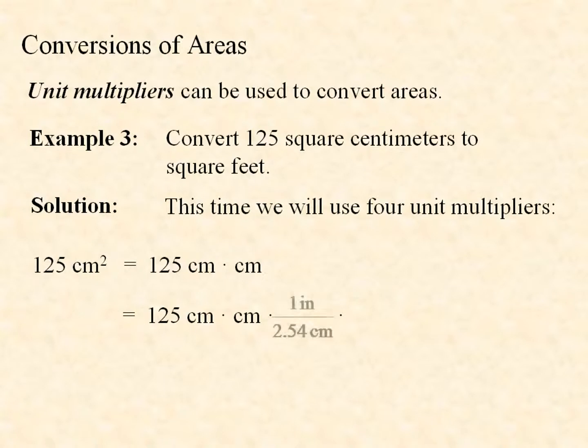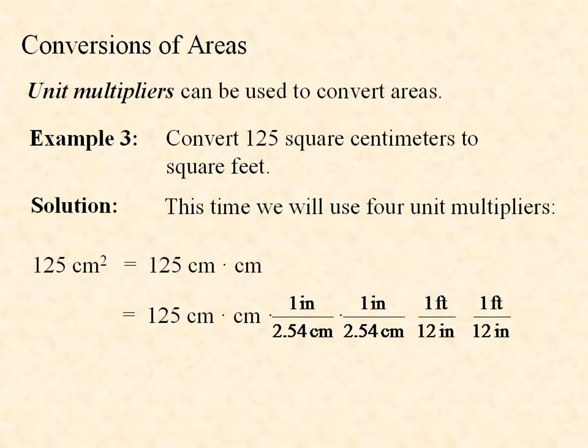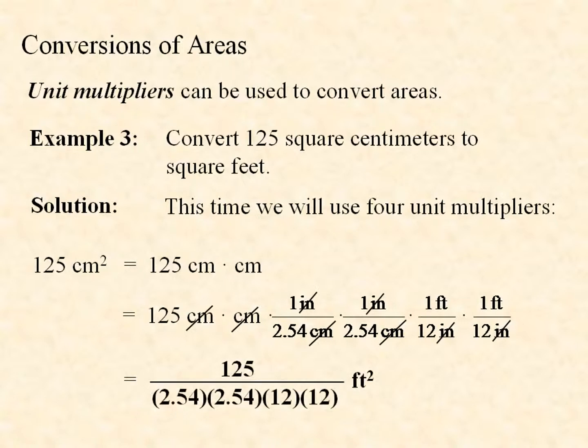We can multiply that by 1 inch over 2.54 centimeters twice, and that by 1 foot over 12 inches twice, because then the centimeters will cancel, and the inches will cancel, so that the only units left are feet times feet in the numerator. In other words, we have 125 divided by 2.54 times 2.54 times 12 times 12 square feet.